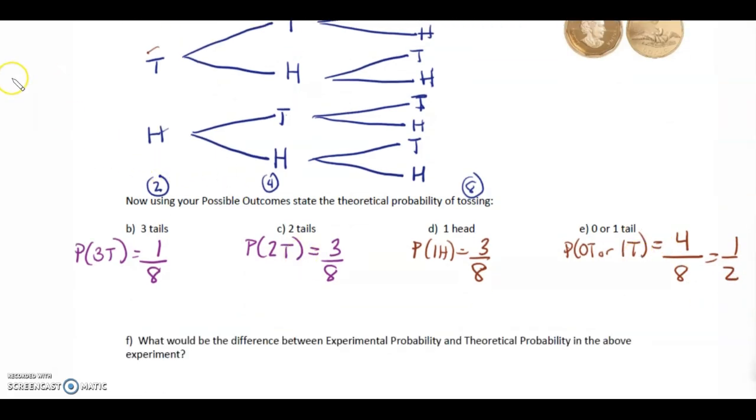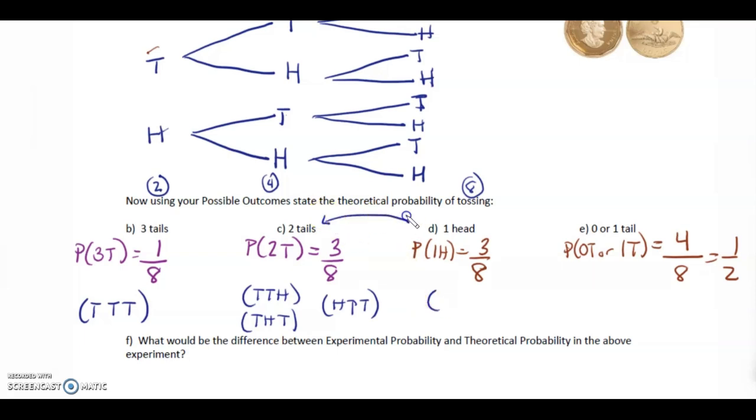Okay, actually thinking about this, so how many ways can we roll 3 tails? Well, if you think about it, you can only do that by rolling tails, tails, tails. What about 2 tails? So we can do tails, tails, heads, tails, heads, tails, or heads, tails, tails. Those are your 3 options. What about 1 head? These are actually the same.